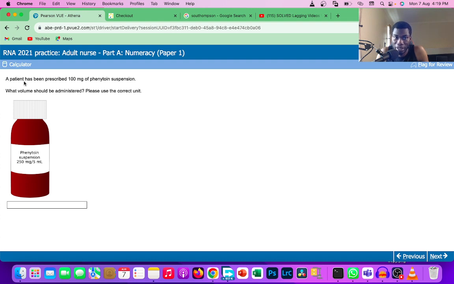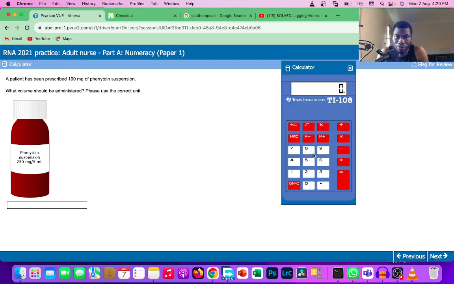The same thing here. A patient has been prescribed 100 milligrams of phenytoin suspension. What volume should be administered? Right. So you multiply the 100 by the 5, and you divide it by this. When you multiply 100 by 5, you get what? 500. It's already in milligrams, so there's no need for you to convert it again.